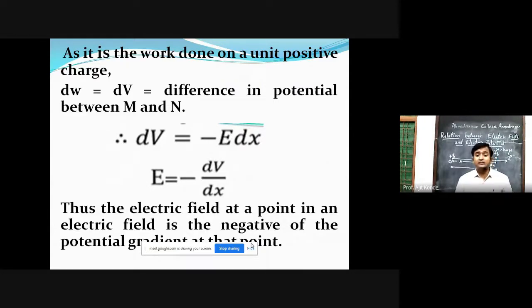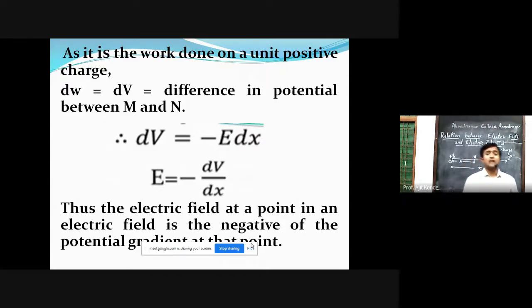And negative sign is because there is change in potential with respect to electric field. E is equal to minus dV by dx, where dV by dx is change in potential with respect to displacement, which is also called potential gradient. Now, we can say that the relationship between electric field and electric potential can be represented by E is equal to minus dV by dx.